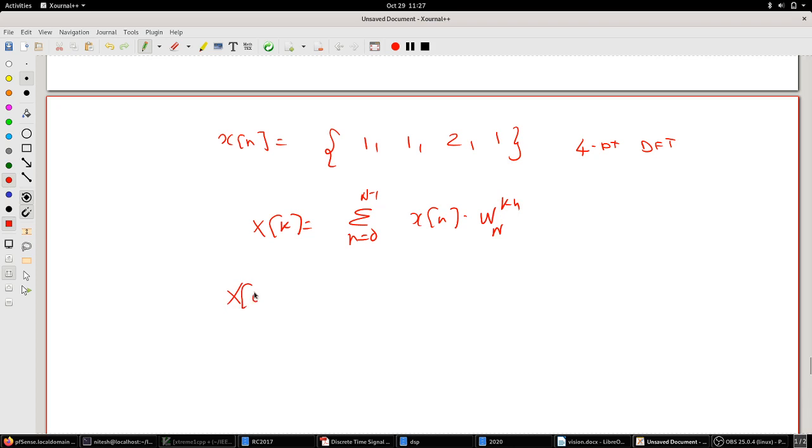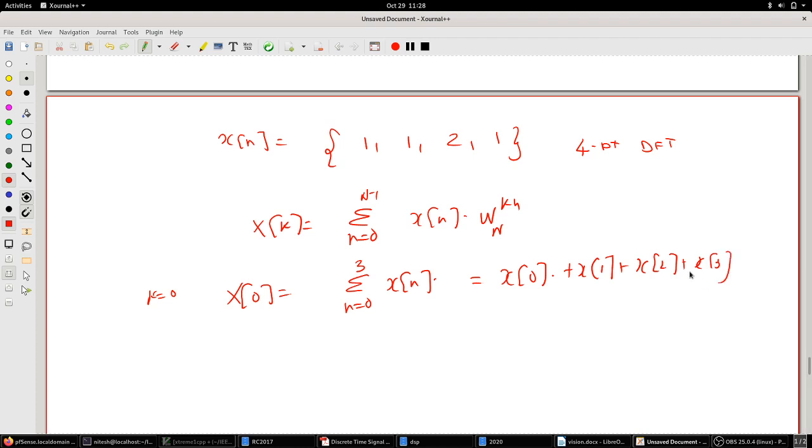So x of 0 will become, now k equal to 0 here, right? So this will become summation n equal to 0 to 3 of x of n into w kn will be 0, right? So this is x of 0 plus x of 1 plus x of 2 plus x of 3.